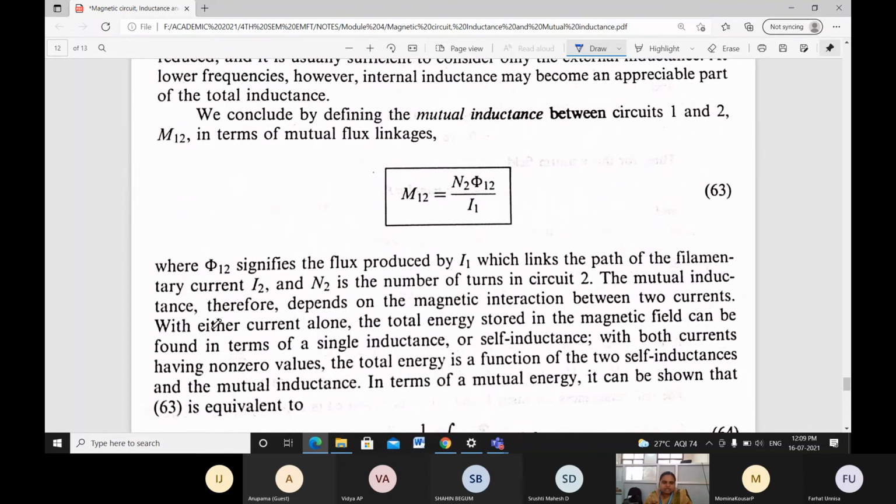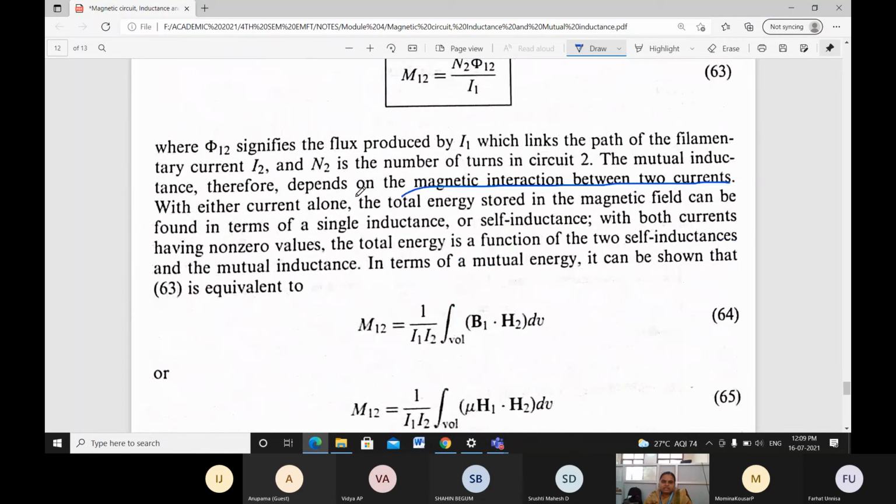The mutual inductance therefore depends on the magnetic interaction between the two currents. With either current alone, the total energy stored in the magnetic field can be found in terms of the single inductance, or self-inductance. With both currents having non-zero values, the total energy is a function of the two self-inductances and the mutual inductance.